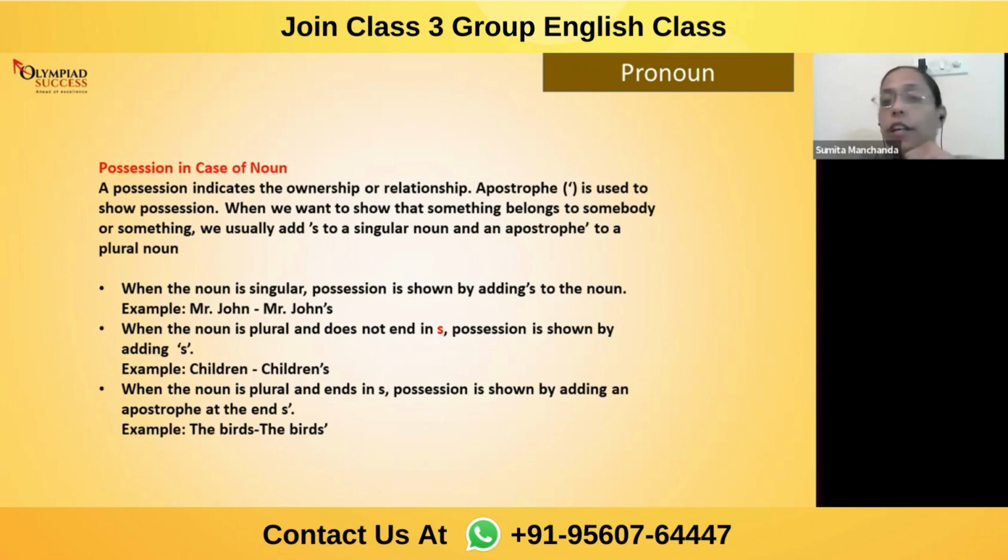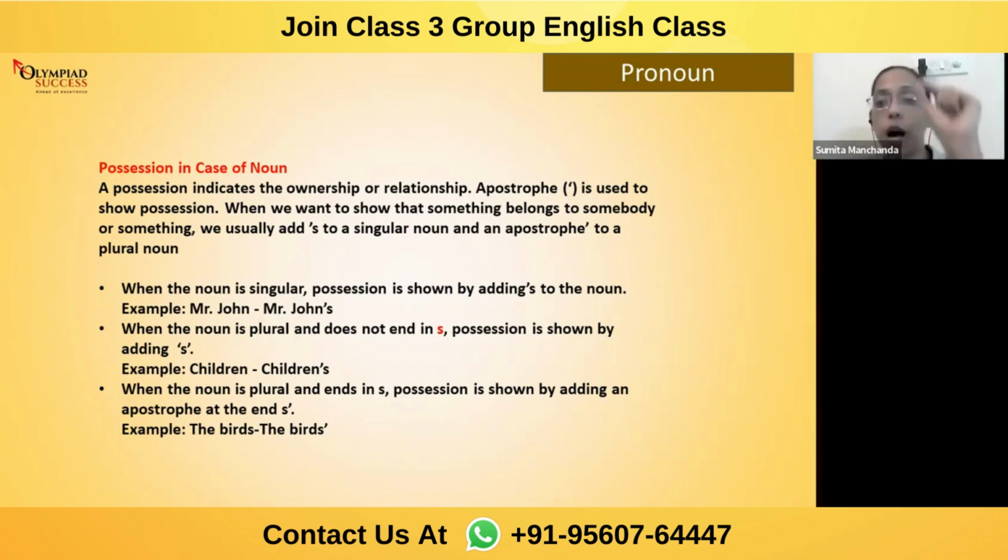If I say Navya's car, am I talking about many Navyas over there? I'm talking about only you. But why am I adding apostrophe S? Because there is a car that belongs to you. Whenever there is any belonging, anything that belongs to you, I may say Navya's car.